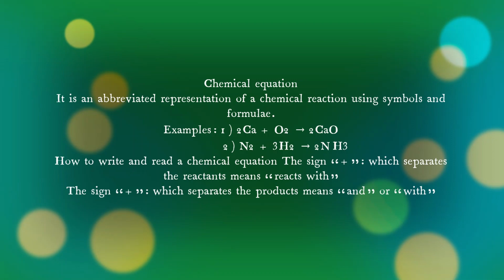Here we have the characteristics of a chemical reaction. The majority of reactions are accompanied by one or more observable signs. It means during a chemical reaction, there are observable features or characteristics. Sign number one is energy production or absorption.